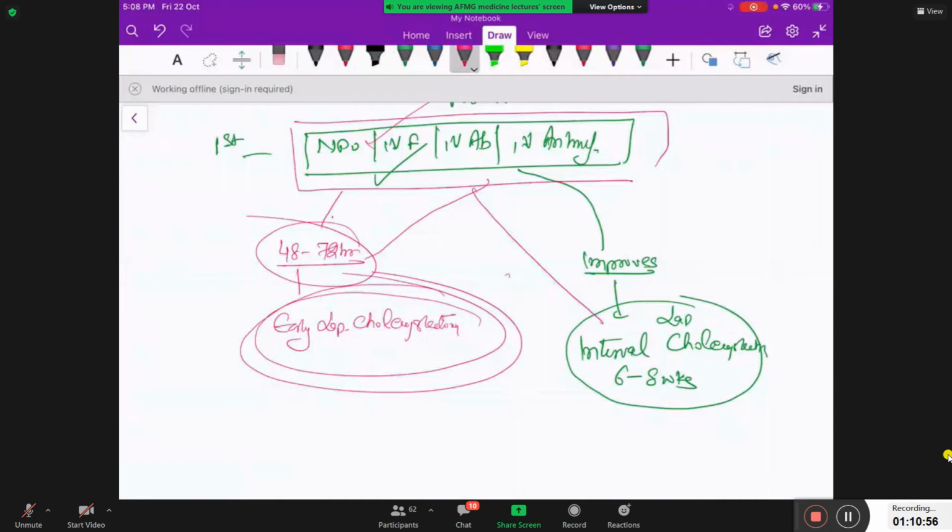उसका भी करना है, मतलब इमरजेंसी इलेक्टिव में होती नहीं है, इलेक्टिव होता है। ये अभी हम कैलकुलस कोलिसिस्टाइटिस की बात कर रहे थे ना, ठीक है?